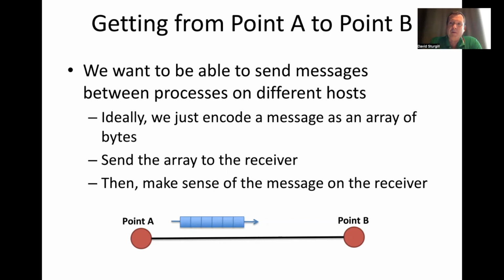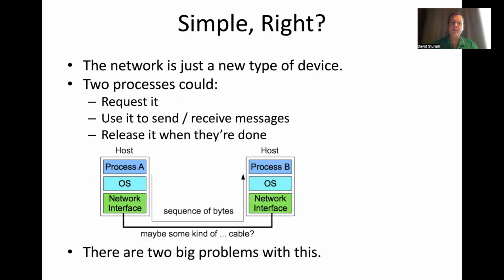Fundamentally, we still want to be able to do the same thing. We want one process to be able to prepare a message, a sequence of bytes in memory, and then with the help of the operating system and maybe a bunch of other devices along the way, we'd like that same message, that same sequence of bytes, to be able to get to another process running on a completely different host, maybe somewhere else in the world.